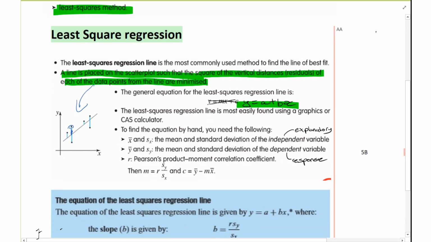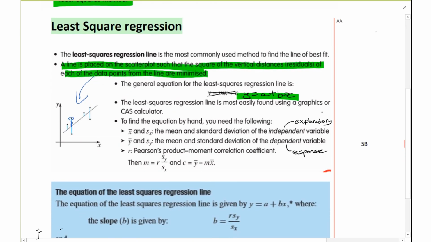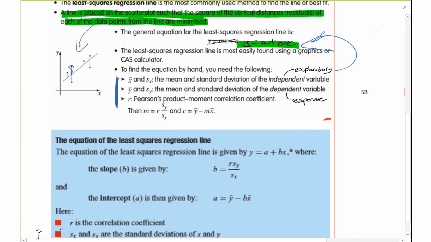Now, we can actually generate that equation from this information, and I have seen exam questions on this. It is possible. So we've got x bar and sx, the mean and standard deviation for the explanatory variable, y bar and sy, the mean and standard deviation for the response variable.